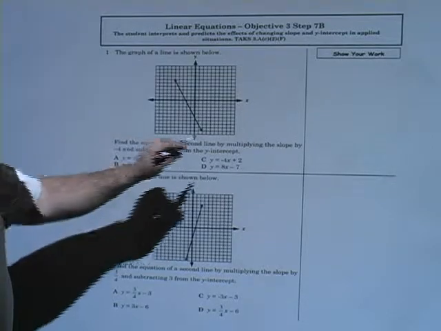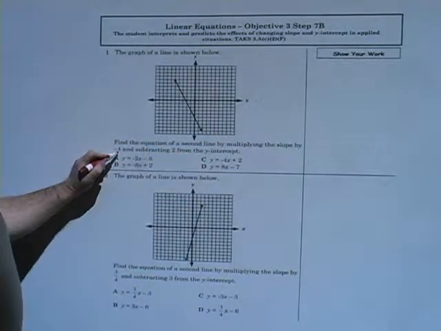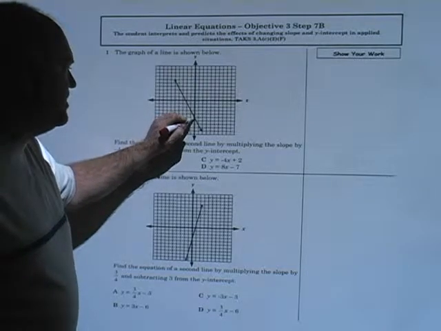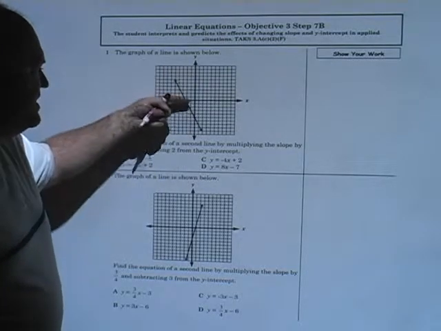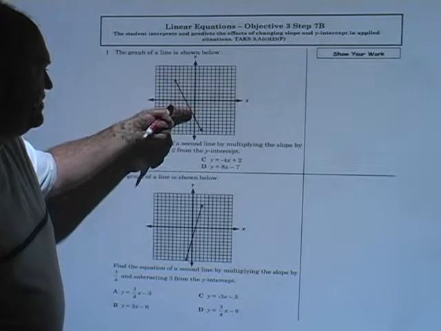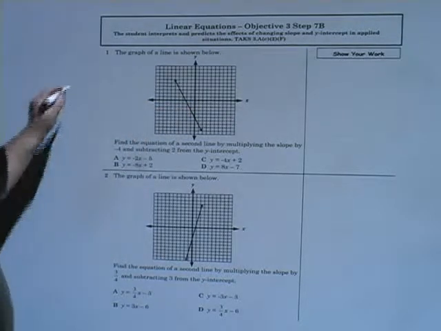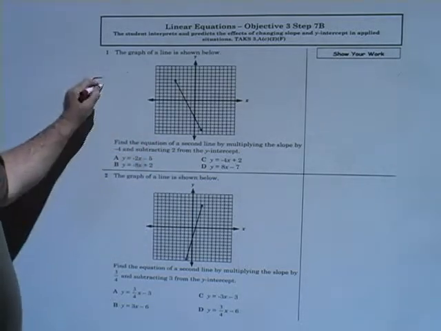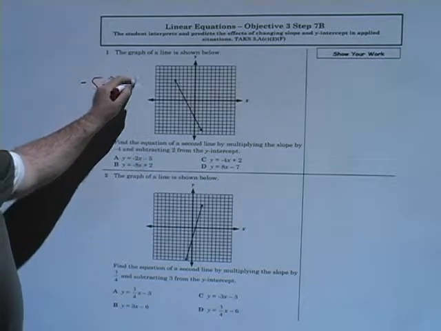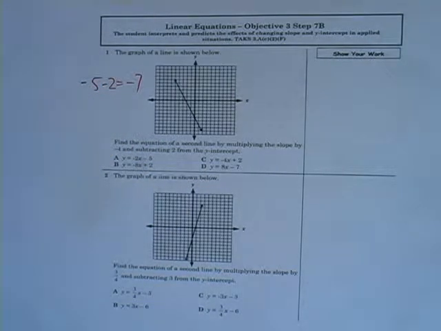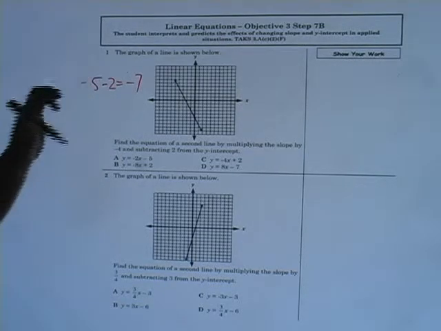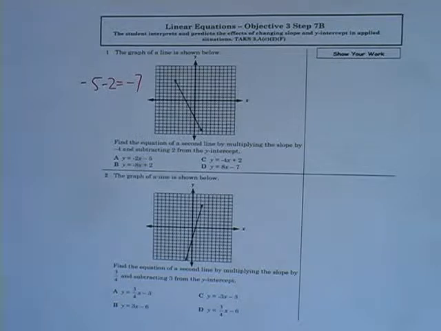Here, we're going to multiply the slope by -4 and subtract 2 from the y-intercept. Our y-intercept is at -1, 2, 3, 4, -5. We're going to subtract 2 from that. We get -7. Make sure when you're doing these signed numbers, use your calculator. Okay?